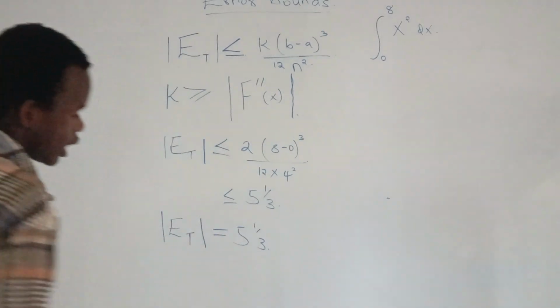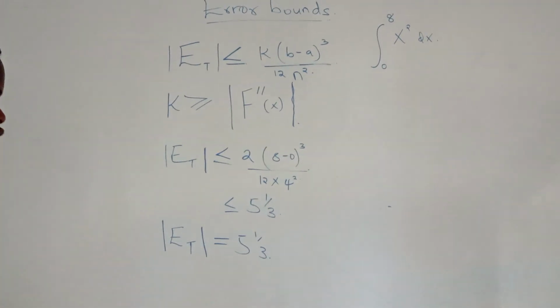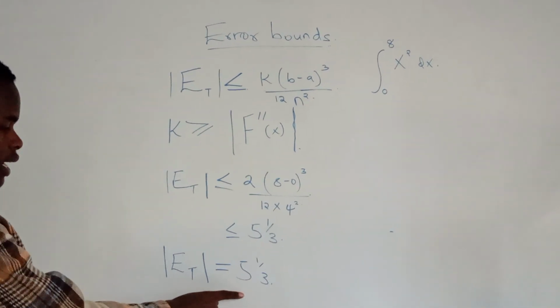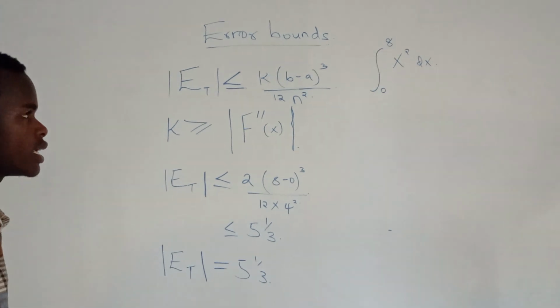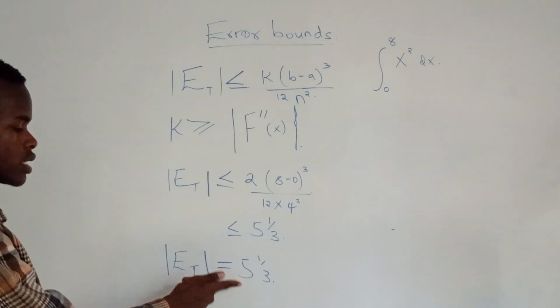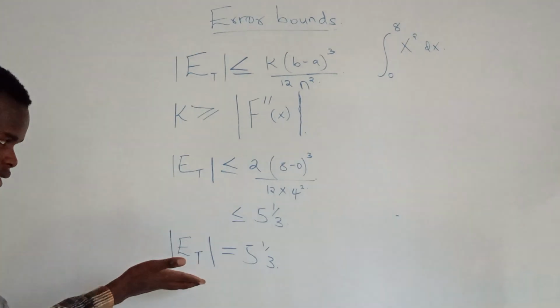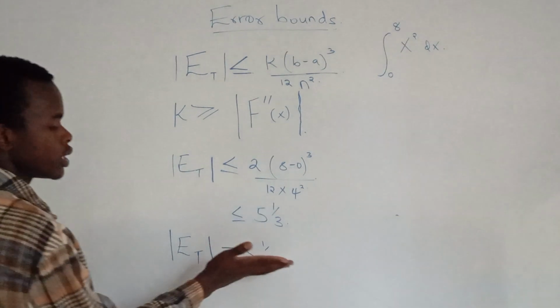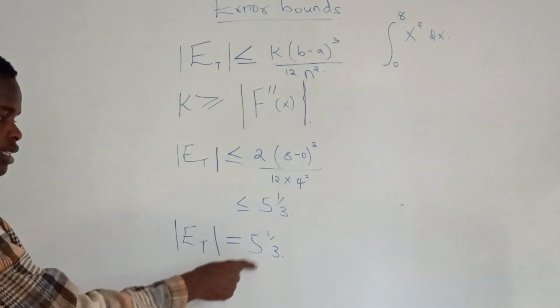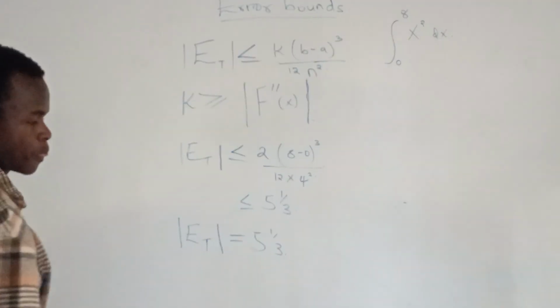An explanation for this: we usually say this is the maximum error that one is allowed to commit. So the error must be less than or equal to this. It mustn't exceed this. This is the upper bound error.